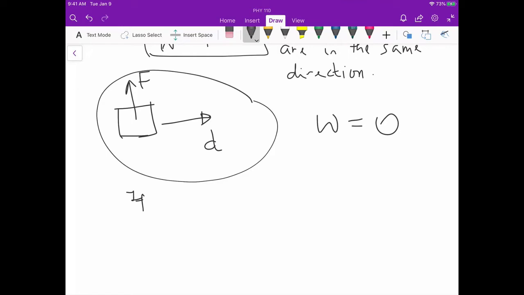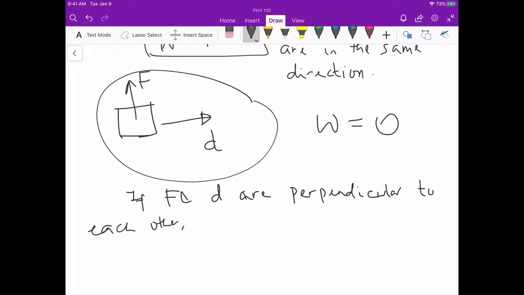If force and distance are perpendicular, right, perpendicular to each other, then work done is equal to 0. Okay, if F and D are perpendicular. Alright, so keep that in mind.